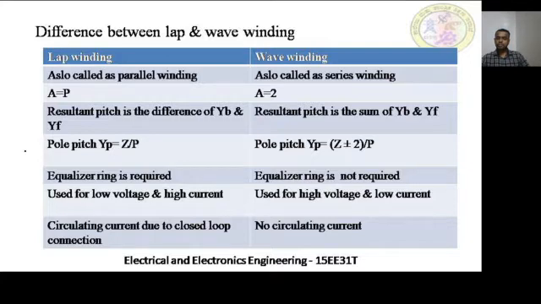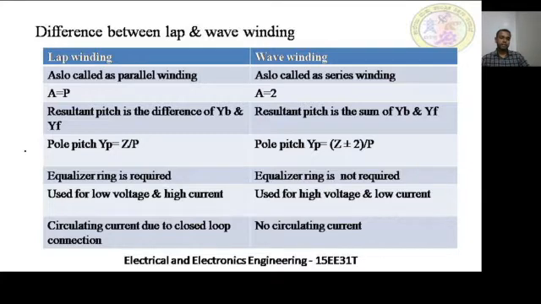But in case of wave winding, it is called series winding, since each coil is connected in series together, it forms a wave winding. We saw in the diagram that it's connected in series.